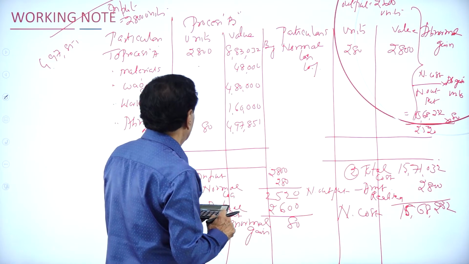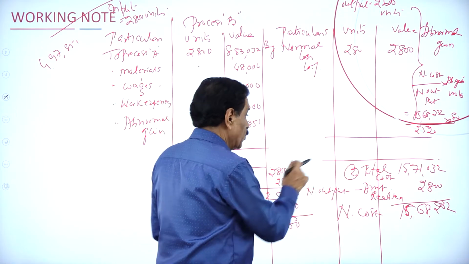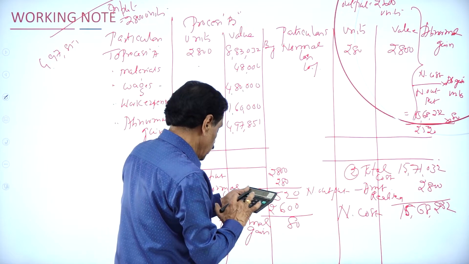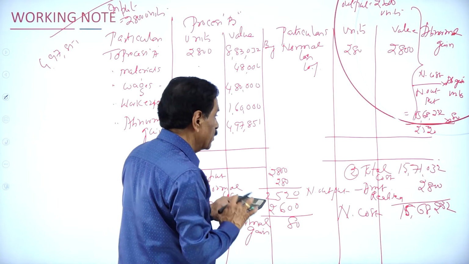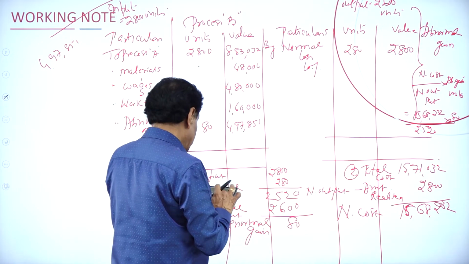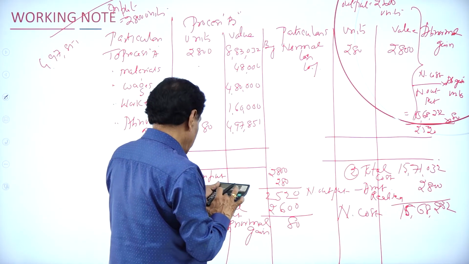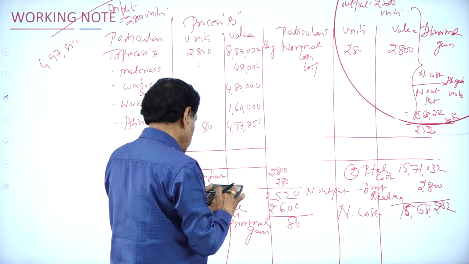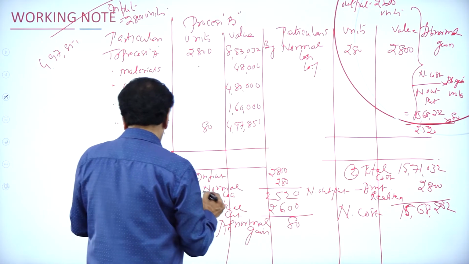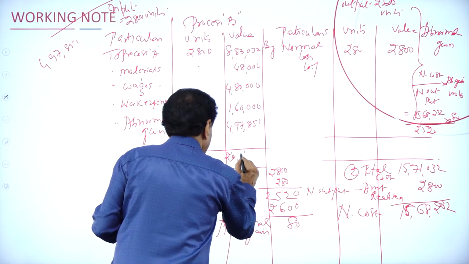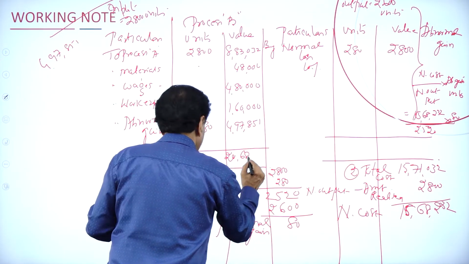Your total is now, already you got a total of 15,71,032 plus 4,97,851. It will come to 20,68,883.